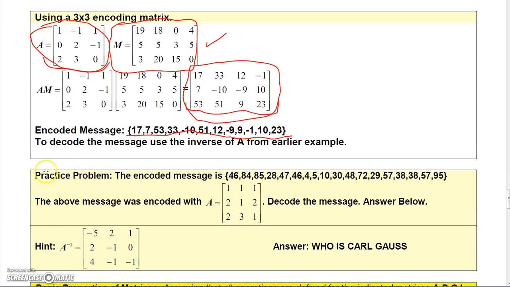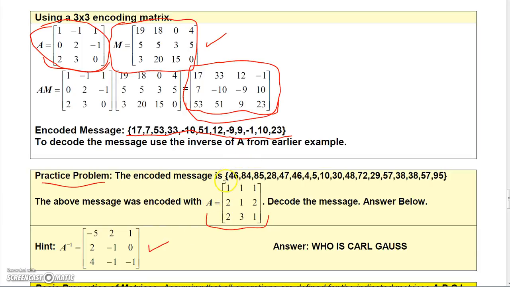Now, down here is a practice problem that I got out of a textbook, and the encoded message is this, and it was encoded with this matrix A. So you won't use this matrix. You'll have to find the inverse of this matrix, and I gave you a hint, there's the inverse.